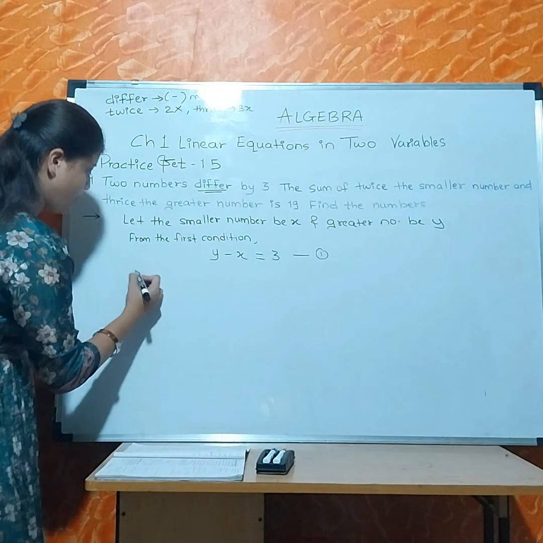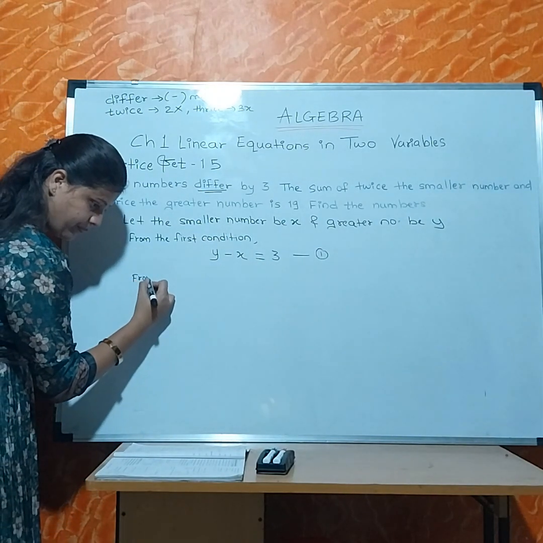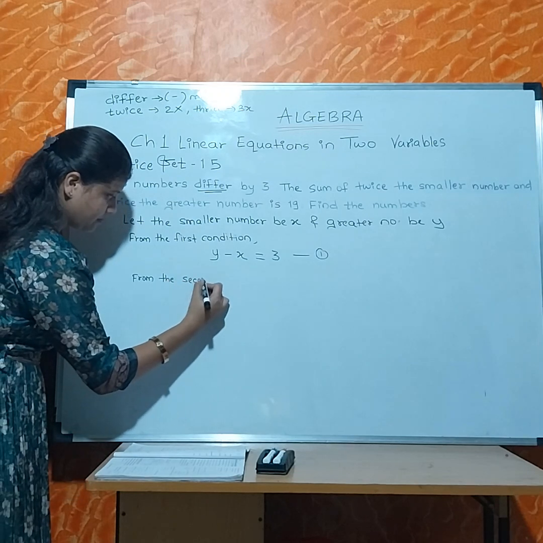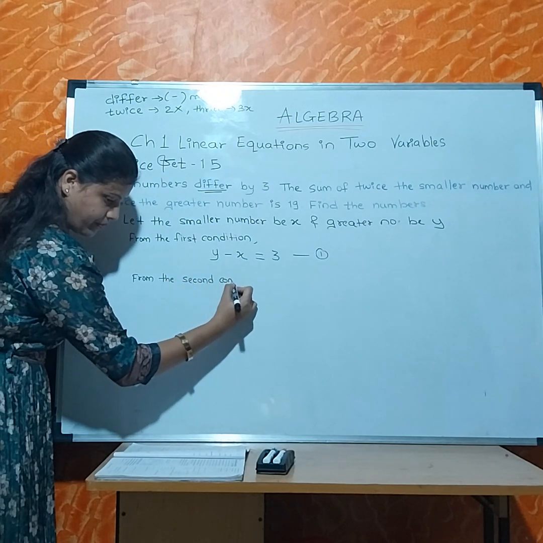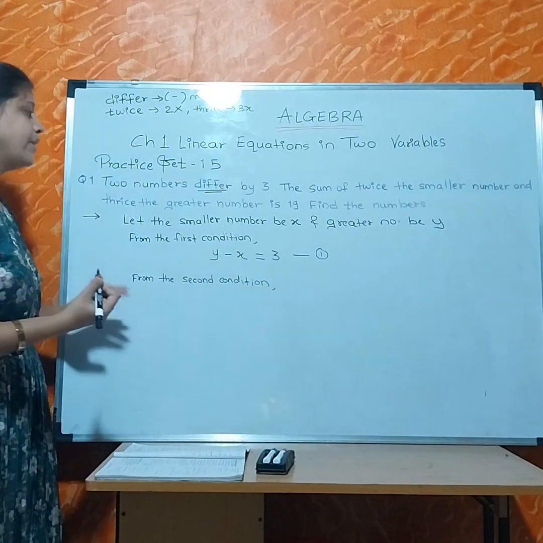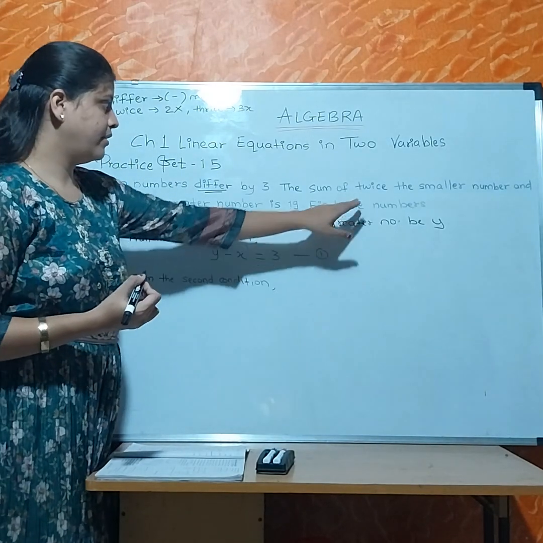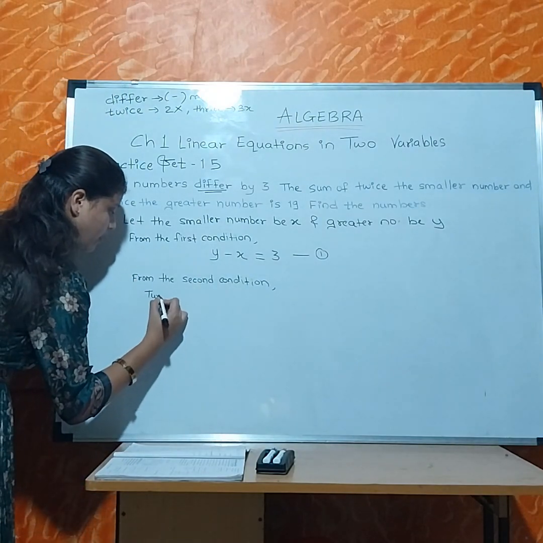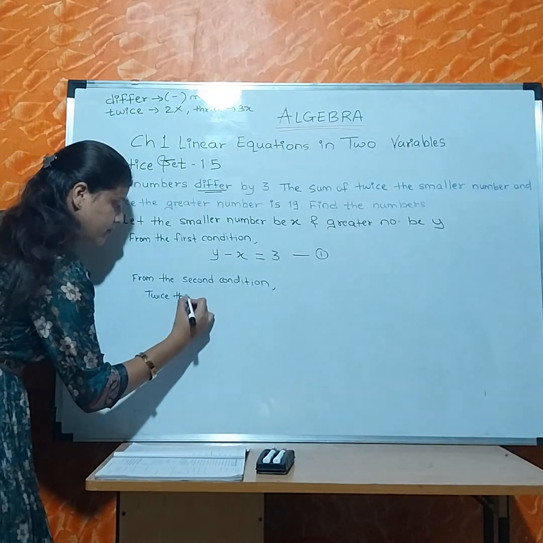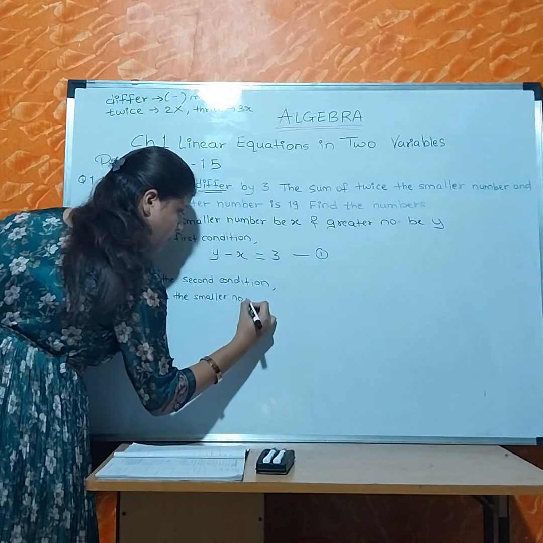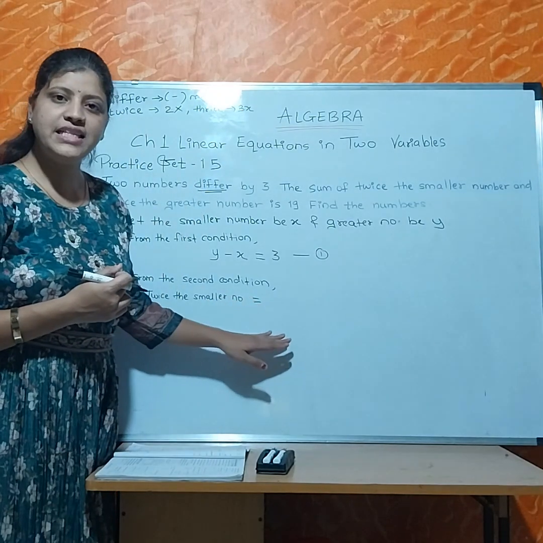We will write here, now from the second condition. Now first of all, we know that twice the smaller number, see. What is twice the smaller number?